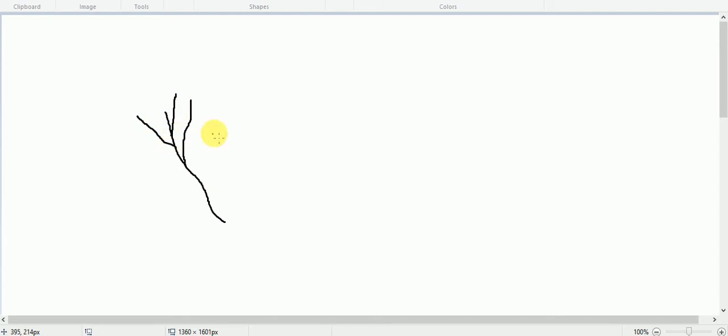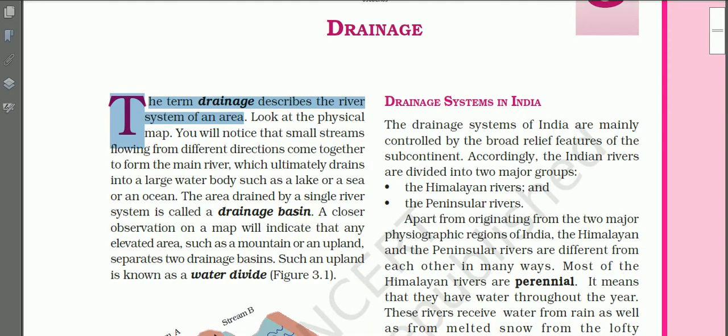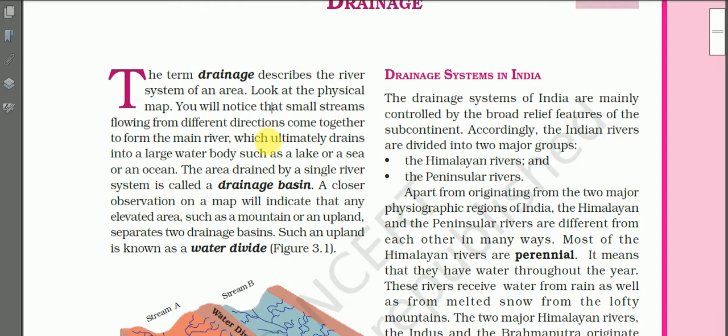So a river together with its tributaries is called drainage. Clear? So drainage means a river system. A river with its tributaries is called drainage. Okay? Yes, sir.